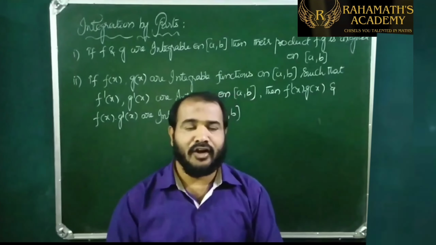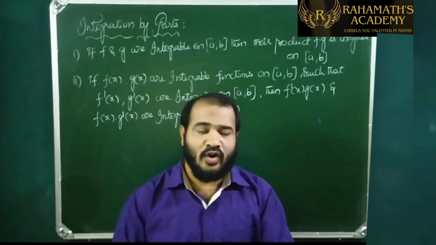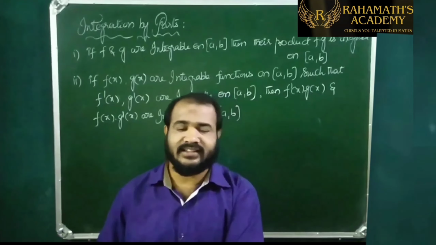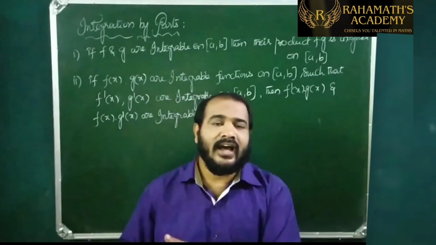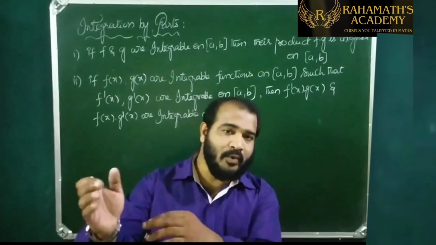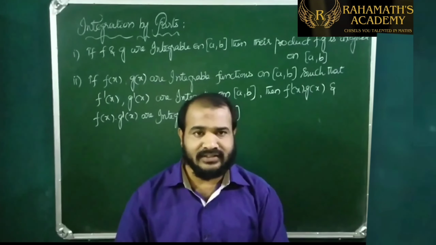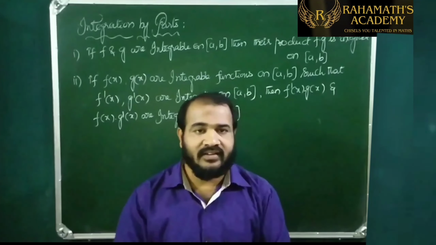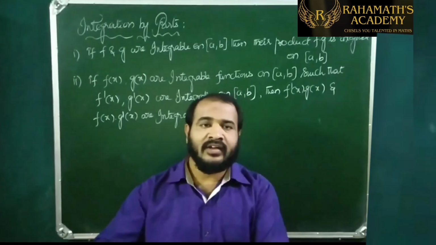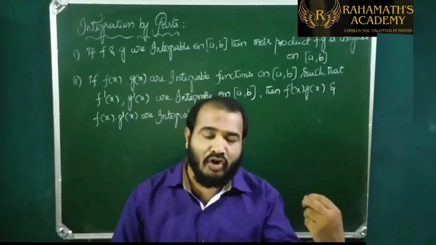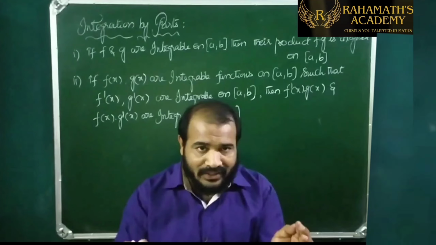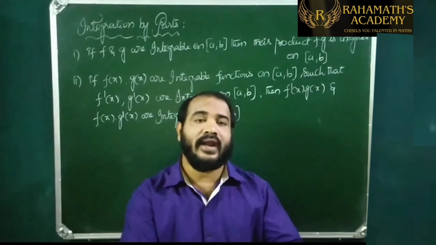T is trigonometric: sin x, cos x, even hyperbolic functions like sinh x, tanh x, etc. And exponential: e power x, a power x, so something to the power of x. Algebraic functions are x power something: x, x inverse, x square, etc. And exponential functions are something to the power of x: e power x, a power x, etc.